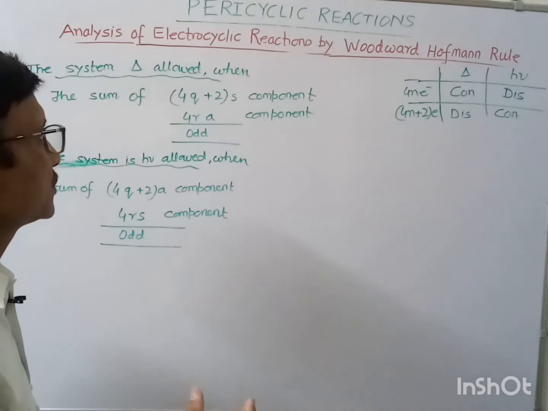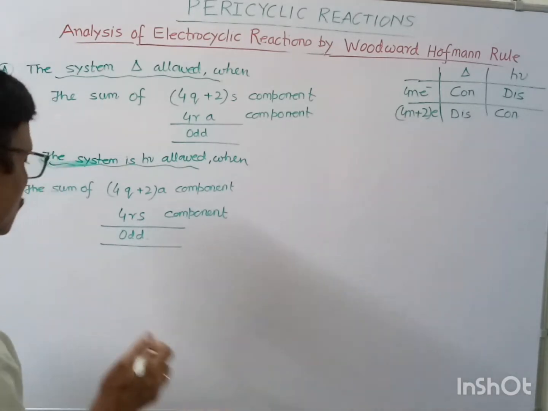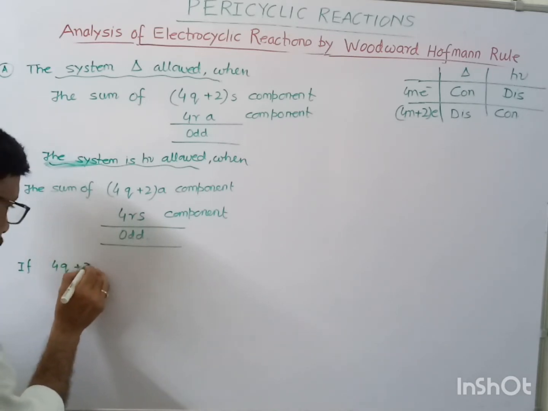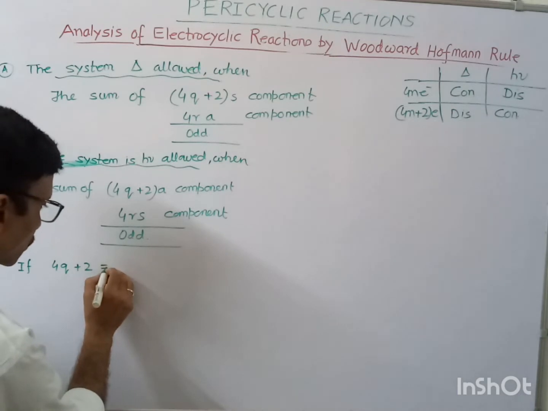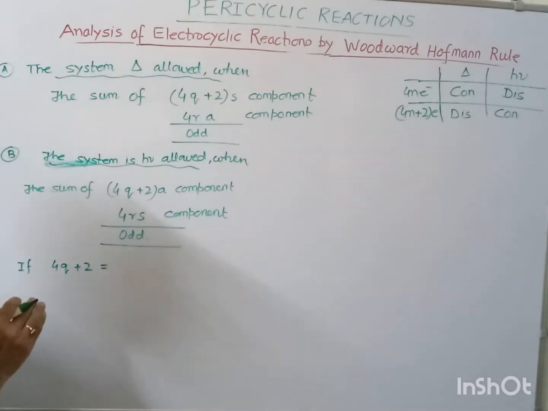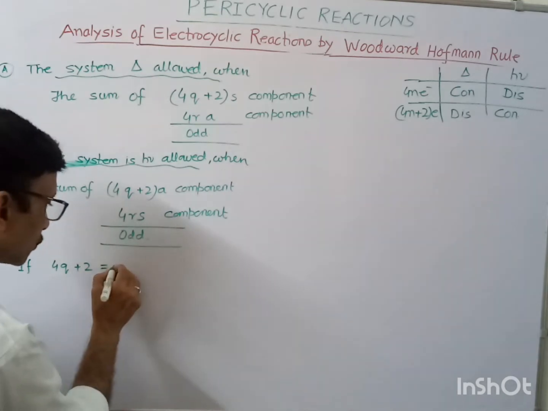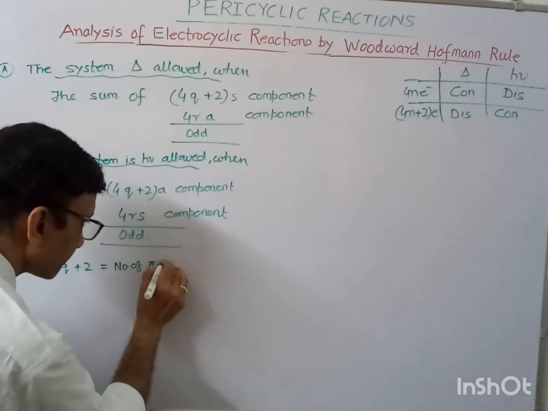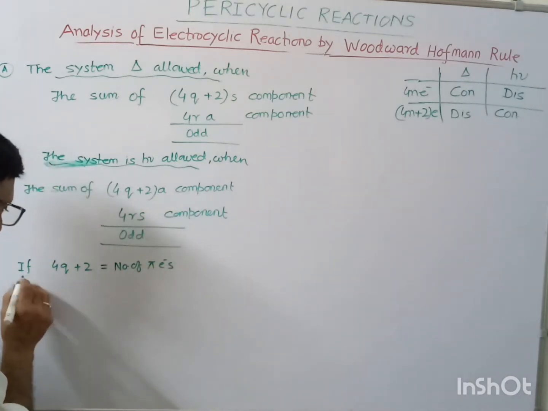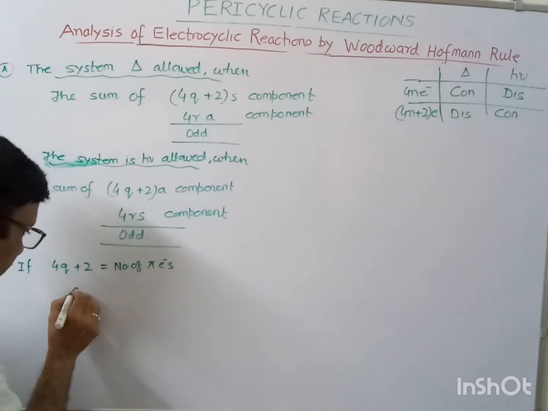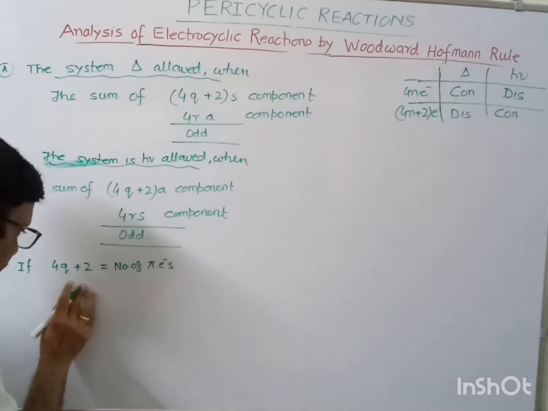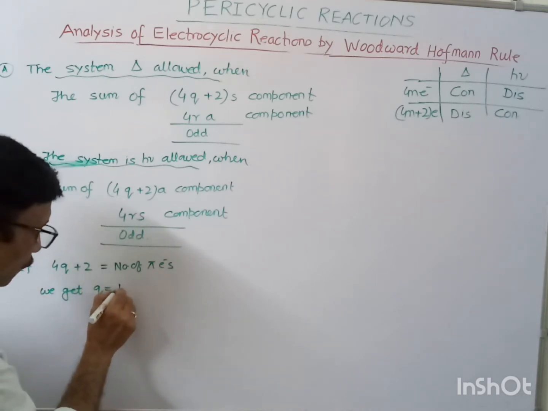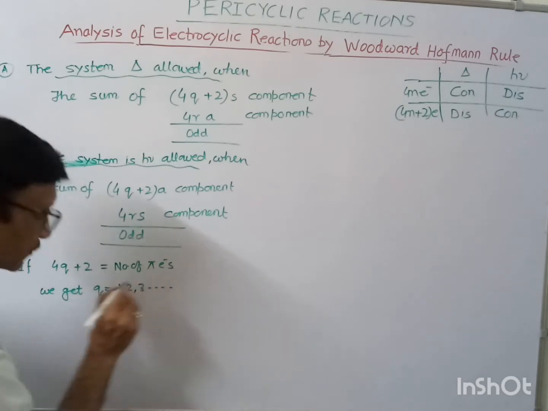When we say the system is a 4q plus 2 system, suppose 4q plus 2 is equal to the number of pi electrons, and suppose we get q equal to 0, 1, 2, 3 like this.